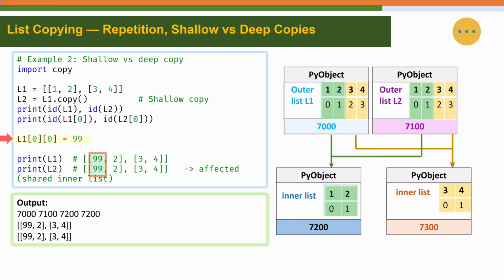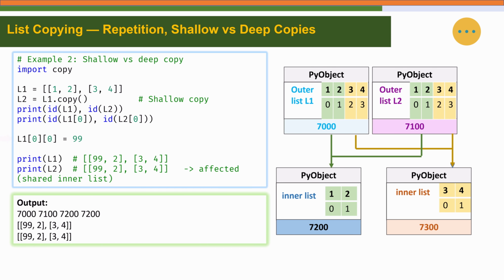So here L1 and L2 have different outer list addresses, maybe 7000 and 7100, but both still reference the same inner lists, that is 7200 and 7300. So if you modify one of the inner lists through L1, that change also shows up in L2 because both share the same inner objects.